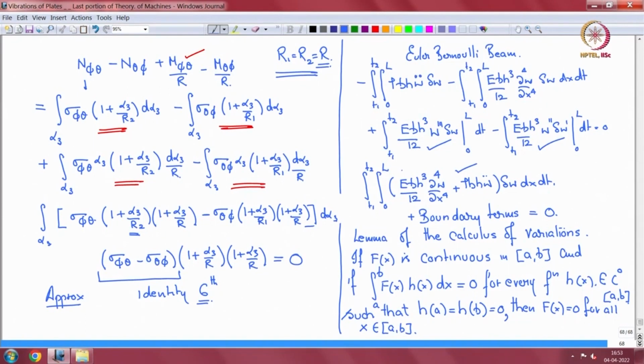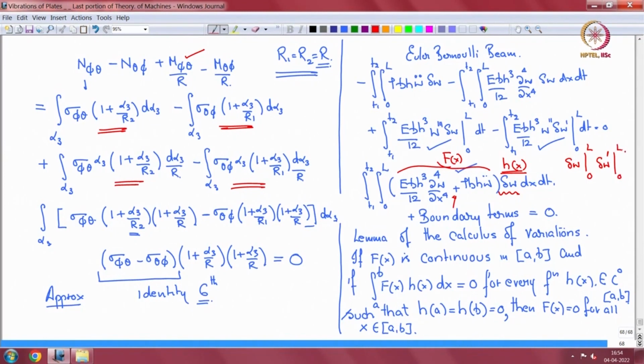Okay, so this takes the role of f of x, this takes the role of h of x. So the way to show that independently this term is 0 is, first of all you take variations delta W which are 0 at the boundary points and slope derivative which is 0 at the boundary points.